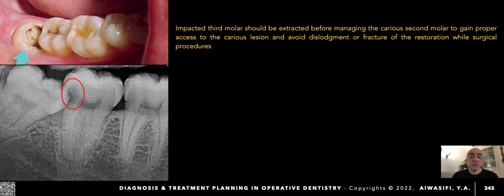Why? Number one, why would you limit the access to the area? Why would you decrease the visibility of your area? How could you examine your gingival floor? How could you examine the proper removal of your carious lesion? How could you get easy access to this condition? This is number one. How could you apply a matrix for restoration? How could you perfectly pack your cavity with your material of choice to restore it?